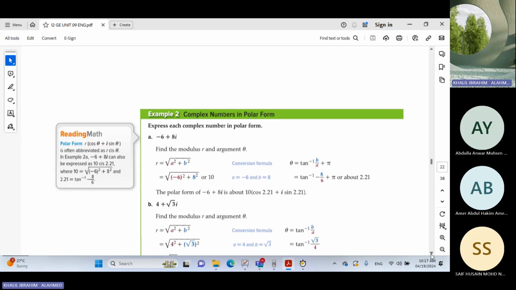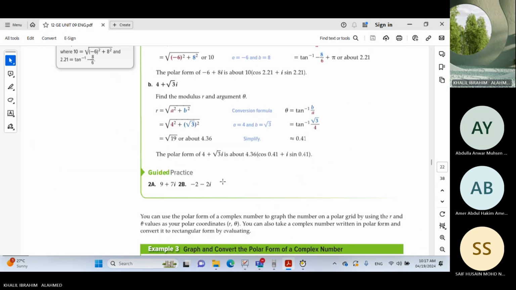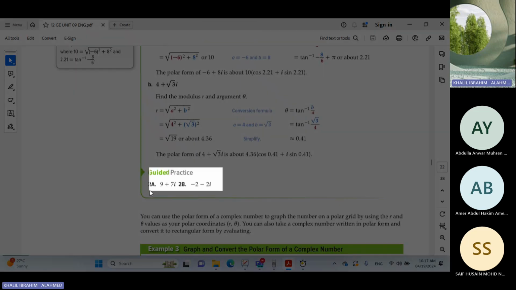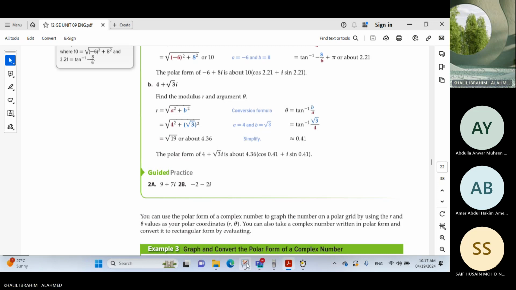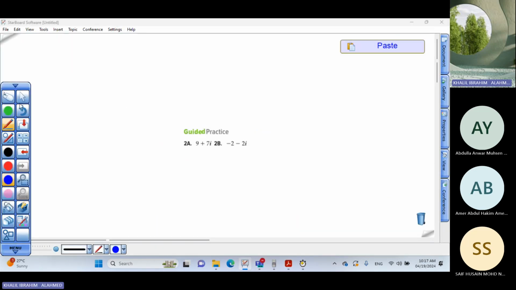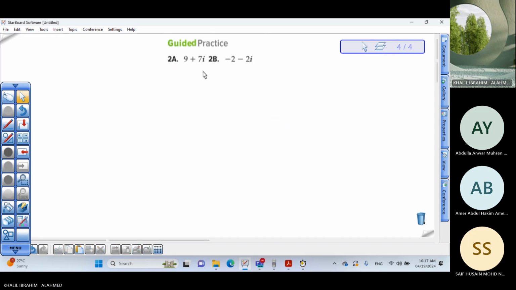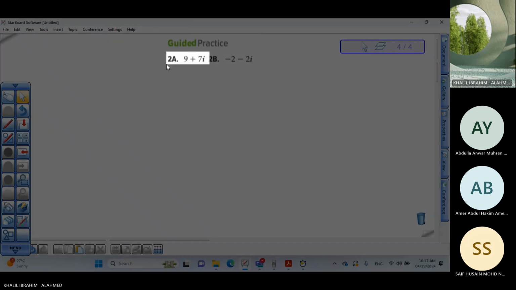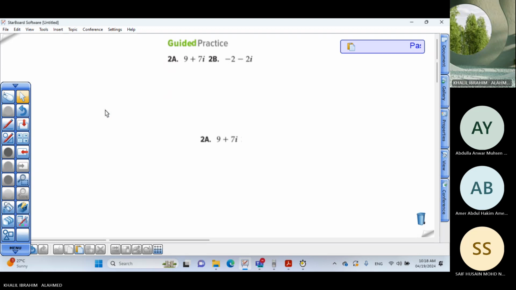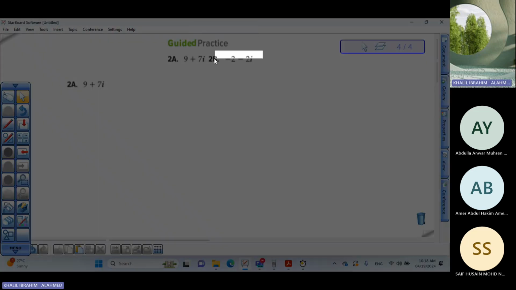We have here the guided practice, 2 examples: example 1 or practice 1, and also practice 2.